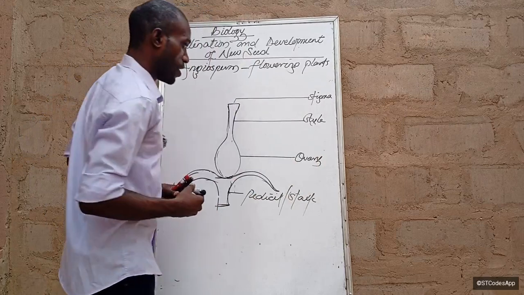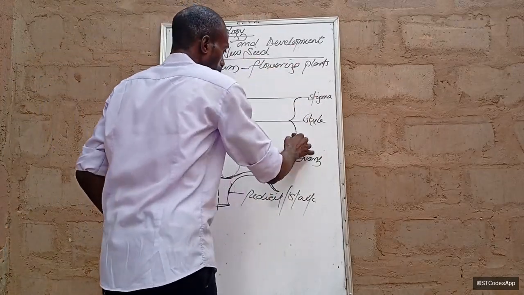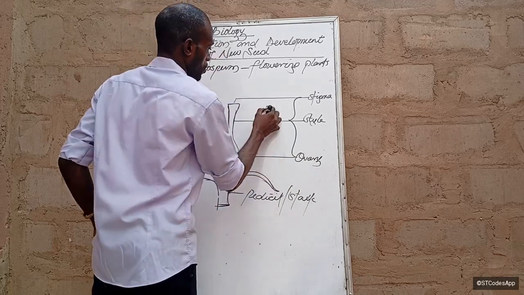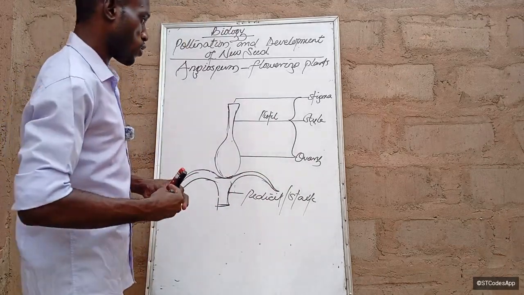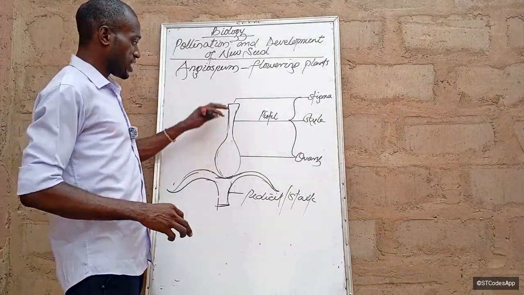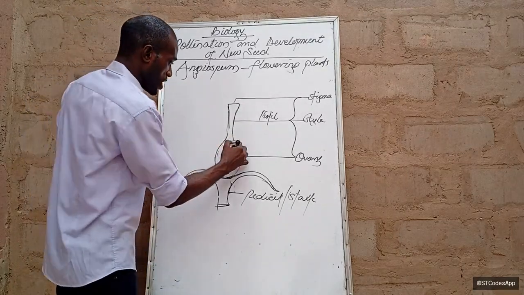All right. Now these three together are called the pistil, and they make up the reproductive structure of the flower. This is the female reproductive structure of the flower. Now, what does the ovary do?